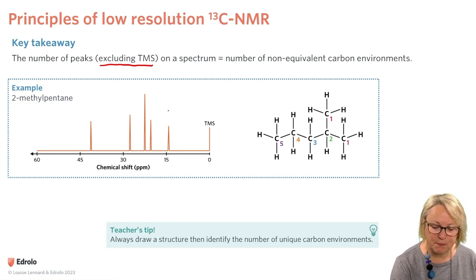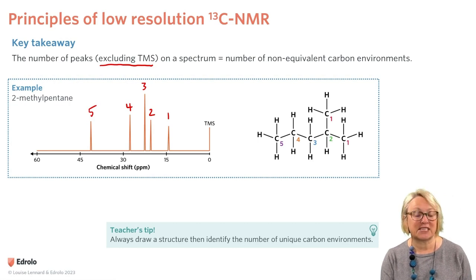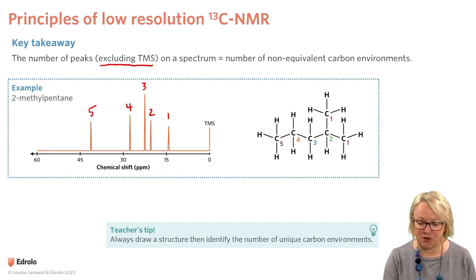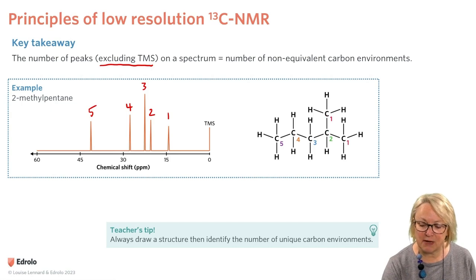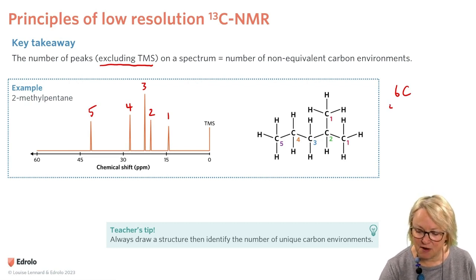So we count the peaks excluding TMS, 1, 2, 3, 4, 5. And then if we have a look at the compound that's made this spectrum, we actually have 1, 2, 3, 4, 5. We've got 6 carbons, but we have 5 unique carbon environments.